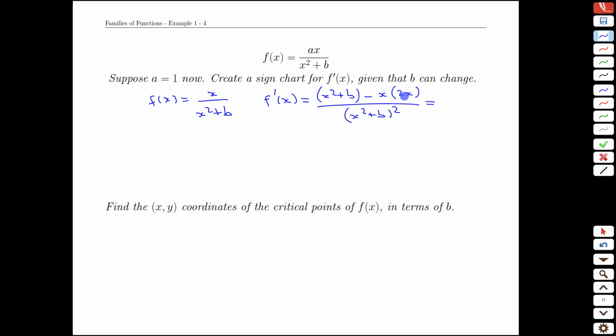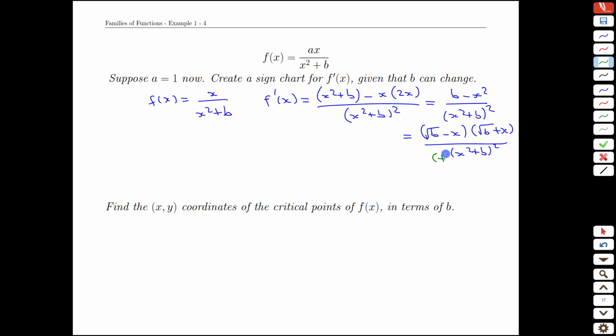We have x squared minus 2x squared. That's going to give us -x squared. We also have a b on here. And we've seen something similar to this before. What we're going to do is factor that out. We can call that root b minus x and root b plus x, because this we can treat as a difference of squares all over the denominator again.